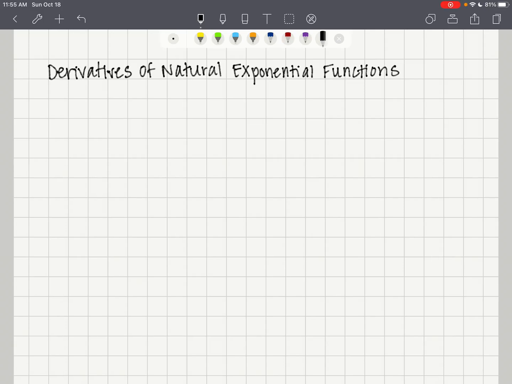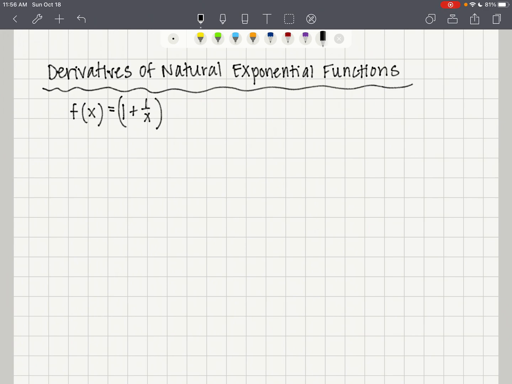In this lesson, we're going to learn about derivatives of natural exponential functions. Now, we know that the natural exponential function, e to the x, comes from the function f of x equals 1 plus 1 over x, raised to the x.